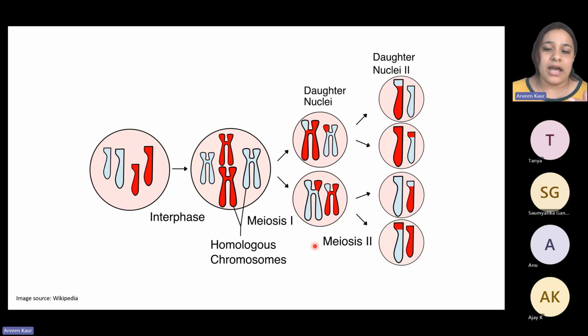After this, meiosis 2 happens, which is the reductional division, wherein the chromosome numbers are reduced to half. After this reductional division, we have 4 daughter nuclei, each of which has just two chromatids, not sister chromatids. Okay.